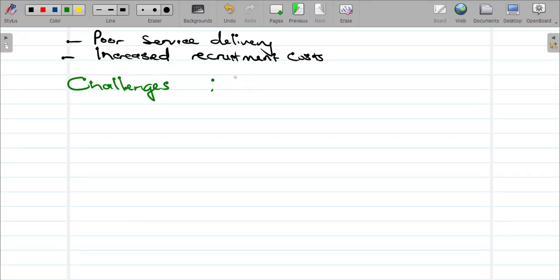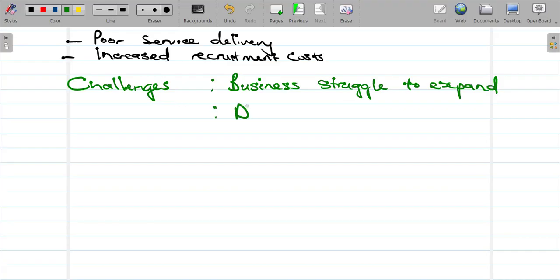The business may struggle to expand, also dependence on foreign skilled labor.